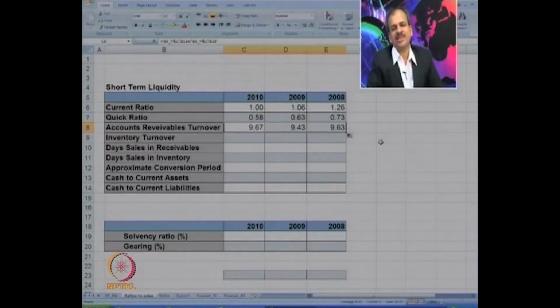So we get 9.67, 9.43 and 9.63. So on the whole you can see it's more or less stable. There has not been any major increases or decreases in this.